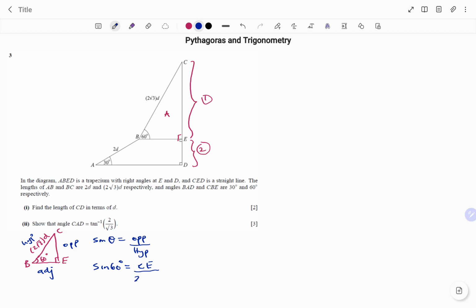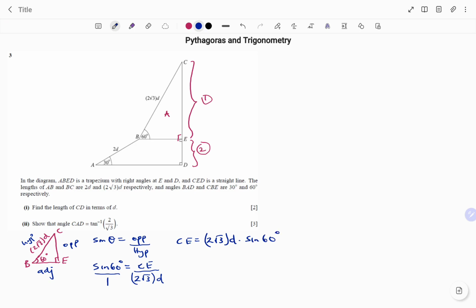That's 2 root 3 all multiplied by D. This sine 60 degrees is over 1. If I cross multiply, I'm going to have CE, which is the length I'm looking for, equals 2 root 3 D multiplied by sine 60 degrees.